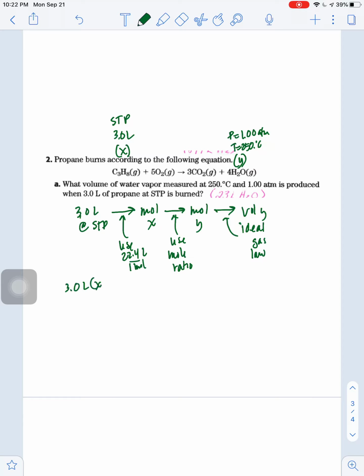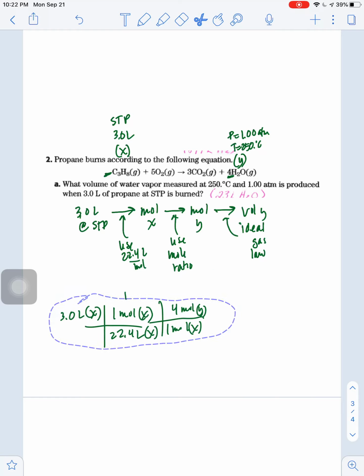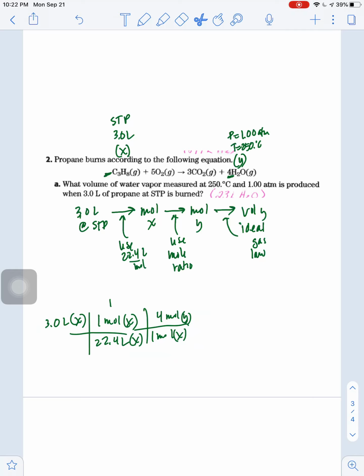So 3.0 liters of X. It takes up 22.4 liters of space for every 1 mole of gas. That's because it's at STP. The mole ratio is 1 mole of X for every 4 moles of Y. And then we don't really have a last conversion factor because we have to stop and use the ideal gas law.